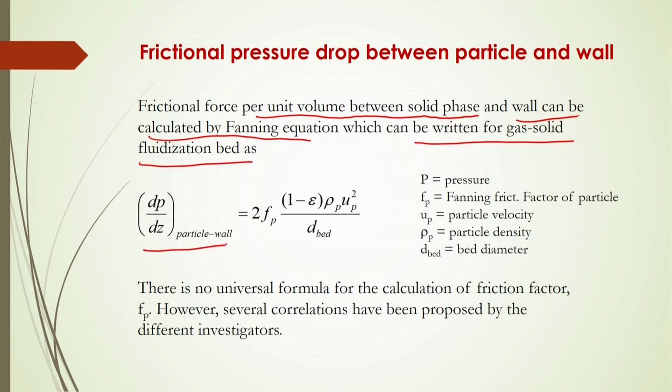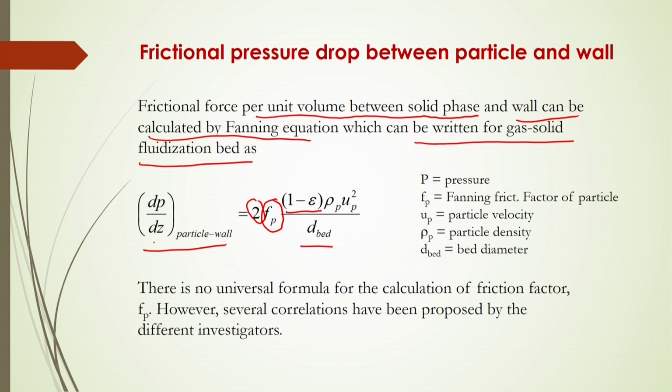Here this is the frictional pressure drop between particle and wall, that will be nothing but 2 into Fp, where Fp is the Fanning friction factor for the particle colliding with the wall, and then (1 minus epsilon) into rho p into up square by dB.